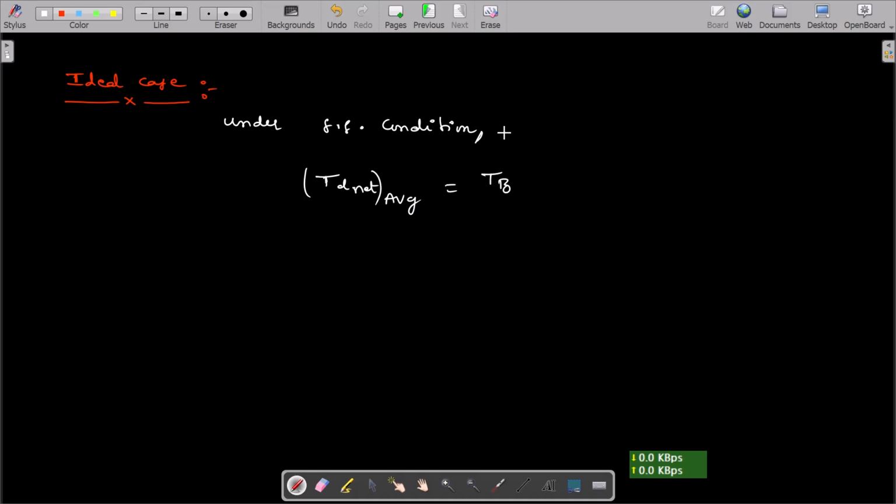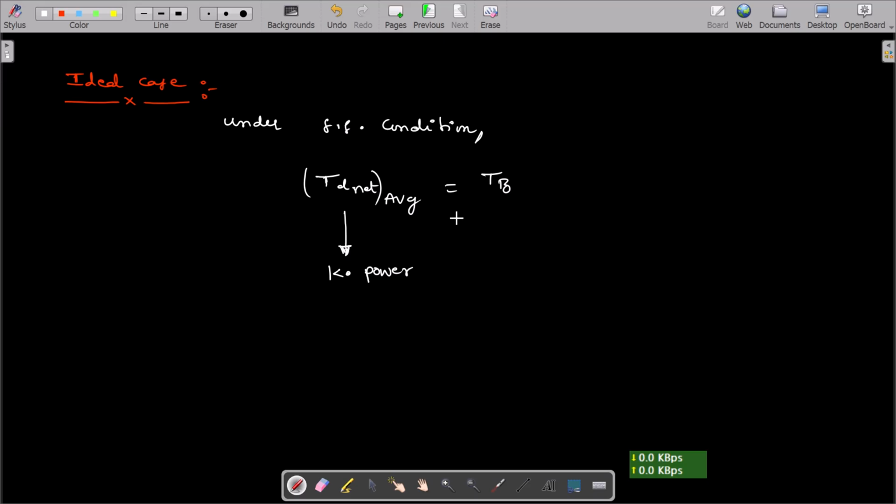Both are equal under steady state condition. For this ideal case, we have this TD net average as a constant K into power.